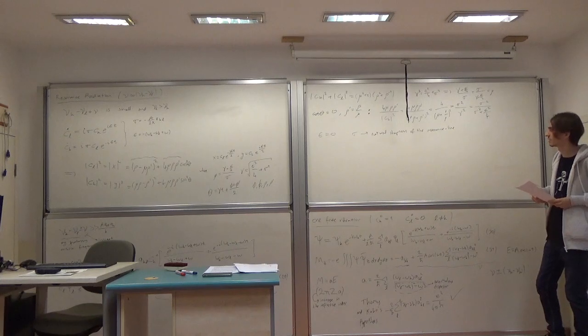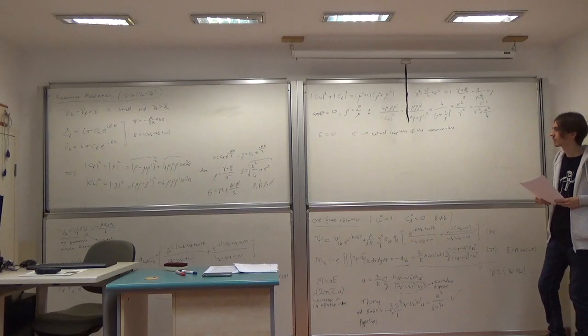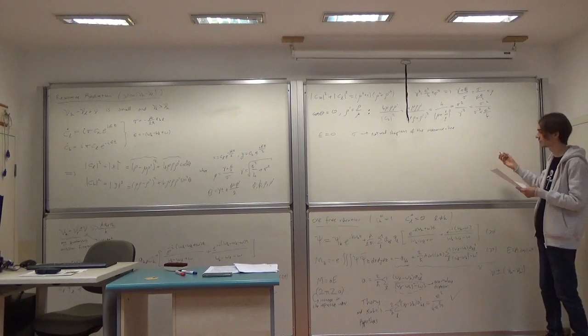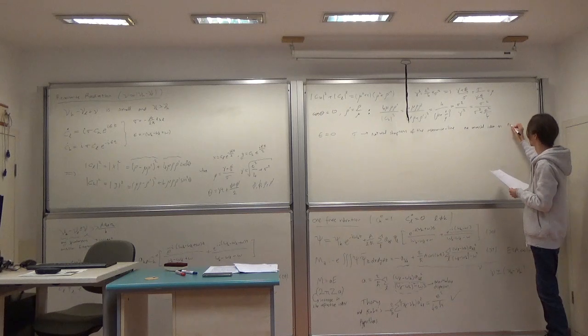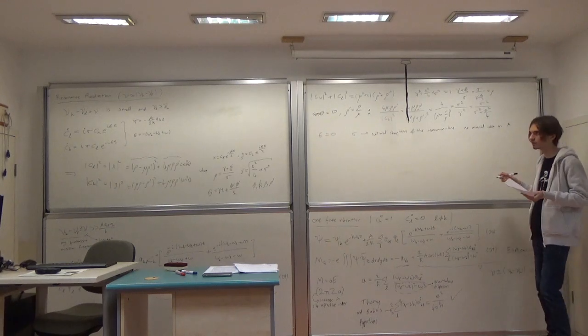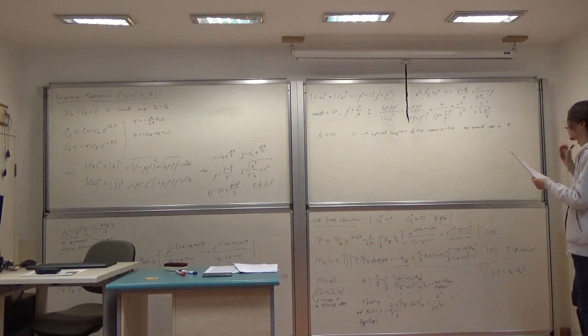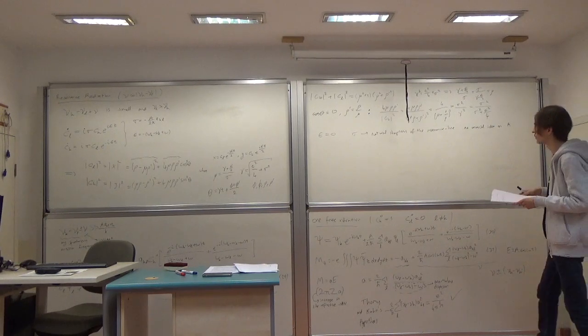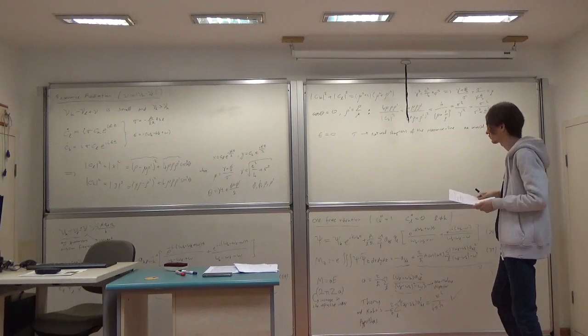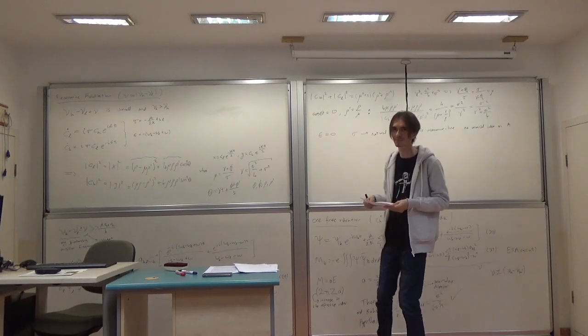However, we don't have a unit system for it because there is no universal agreement on the amplitude A, the amplitude of the electric field. There's no universal agreement. So this is the end.